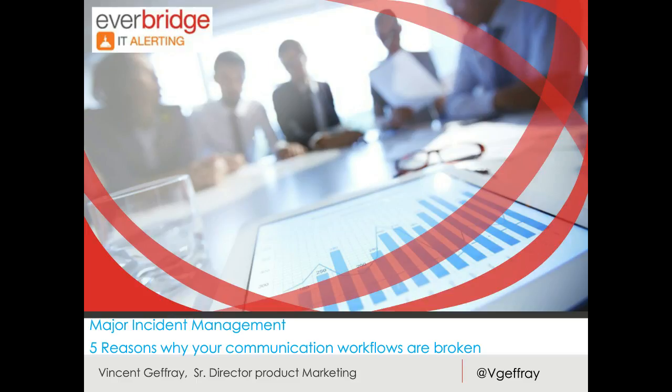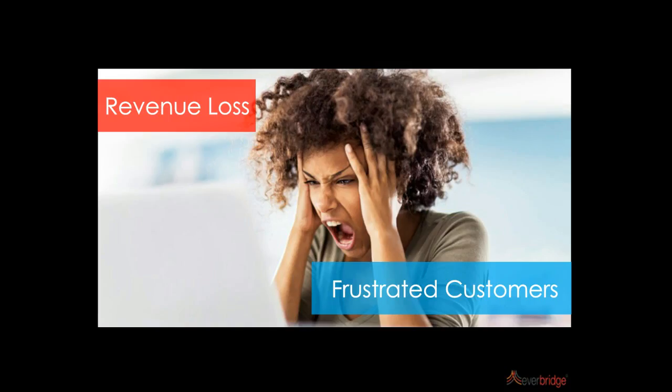So let's start with what's happening when something goes wrong. I guess we don't even need to do a poll here to ask that question, because I think we all know that if something very bad happened with IT, there's most likely going to be a business impact.